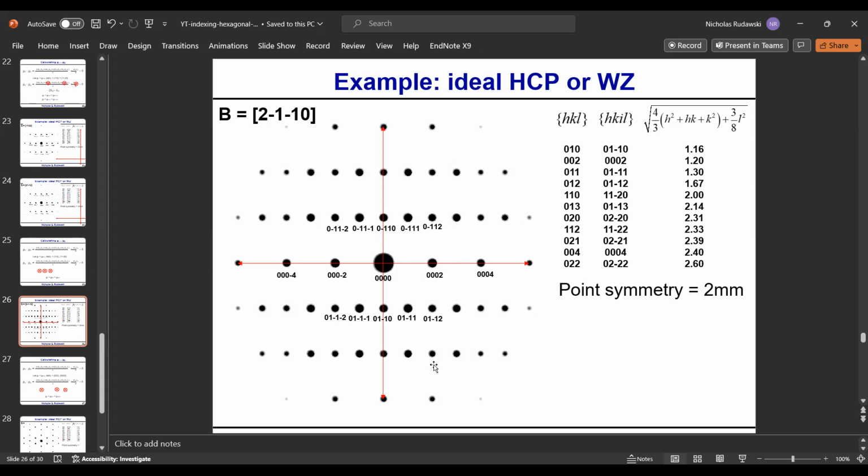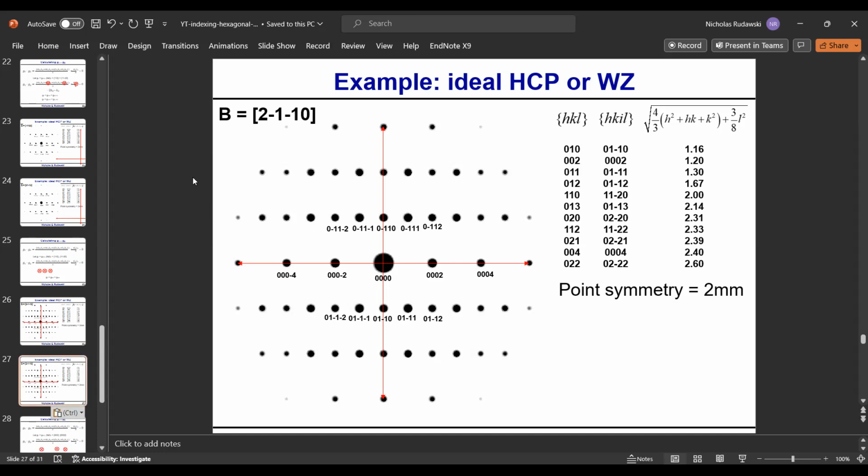Now you'll notice I have these holes here. Just like with the diamond cubic system, you can get double diffraction, and you can see these kinematically forbidden spots in here. Let me copy this and paste it.